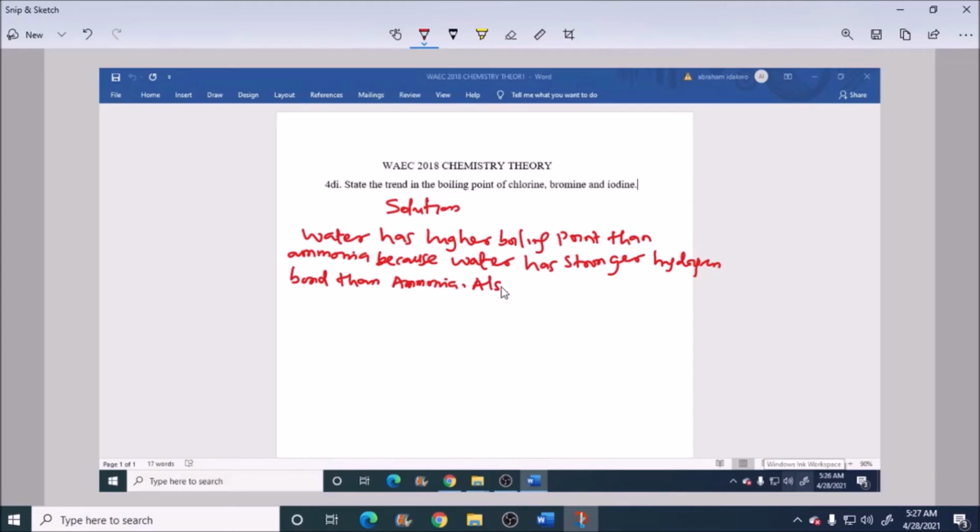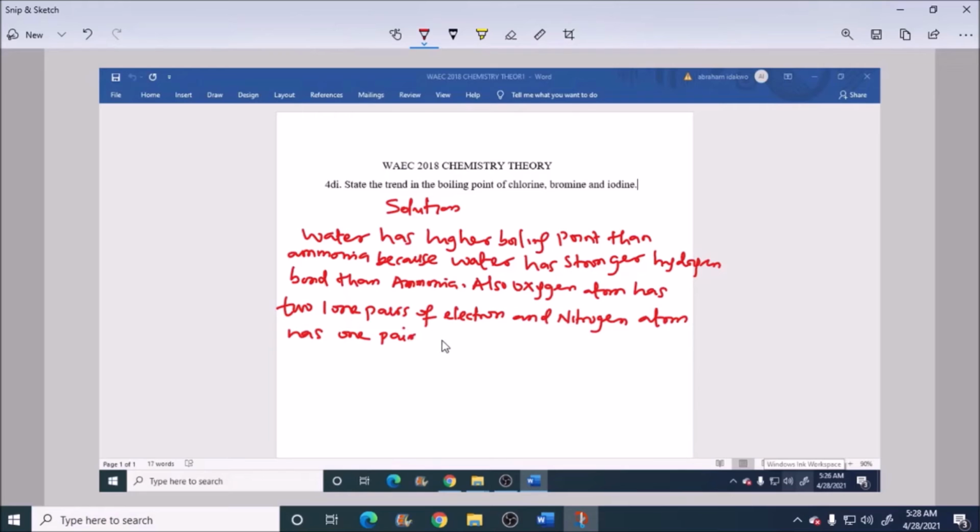Also, the oxygen atom present in water has 2 lone pairs of electrons, while the nitrogen atom in ammonia has just 1 pair of electrons.